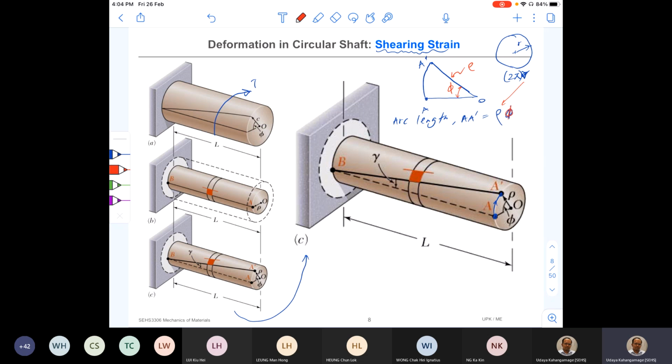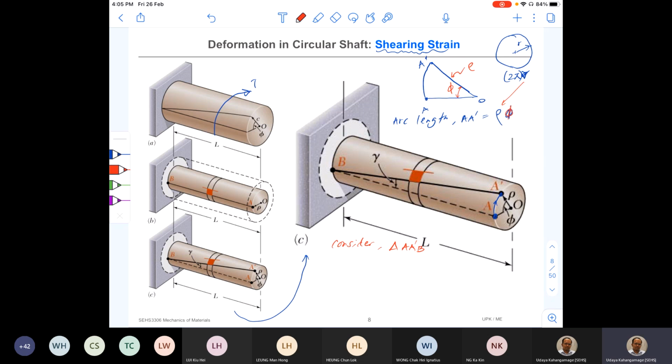Here at the very beginning, I said that we are going to assume that deformations are small and within the elastic range. Okay, therefore we can assume that A prime B is a triangle. So consider triangle A prime B. So it's a triangle, right?